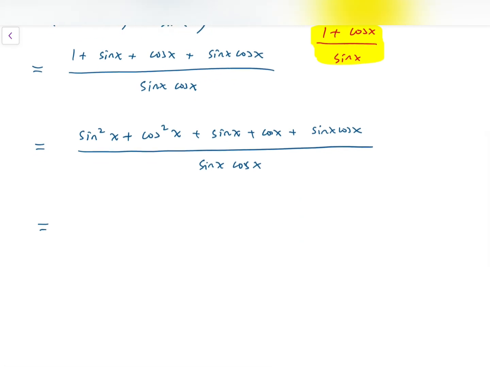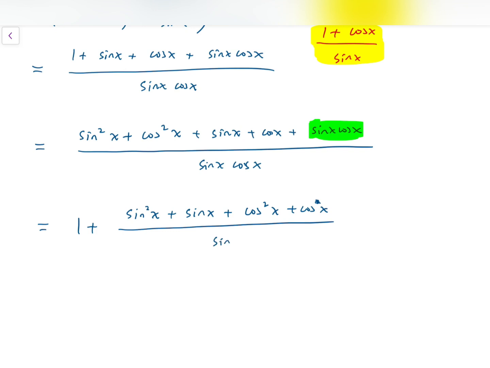Next, I'm going to take out the sine times cosine, the last term, from the fraction. So then it becomes 1 plus sine squared plus sine plus cos squared plus cos over sine times cos.